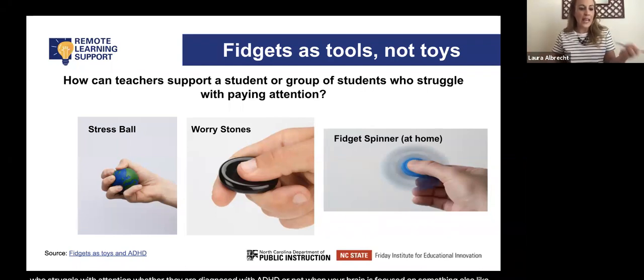So keeping their hands busy while focusing on something else, like the task, whether that be the assignment or the math problem or the reading, they're actually going to be more likely to stay on task and pay attention. But again, teaching students how to use these as tools and not as toys.